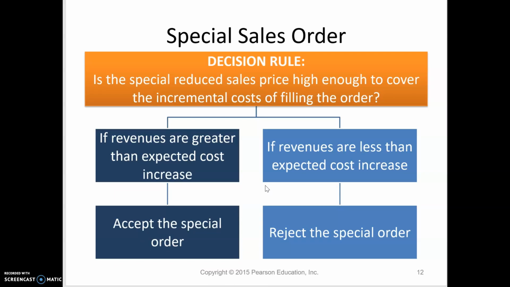Then we also have to ask, is the special reduced sales price high enough to cover the incremental cost of filling the order? That's what we need to analyze and determine. If the revenues are greater than the expected cost increase, then we can go ahead and accept the order. If the revenues are less than the cost increase, then we need to reject the order.